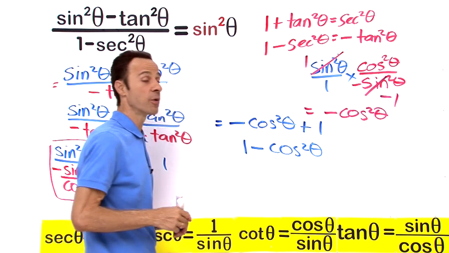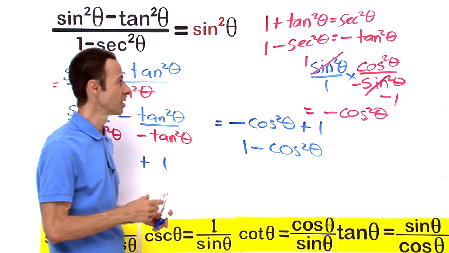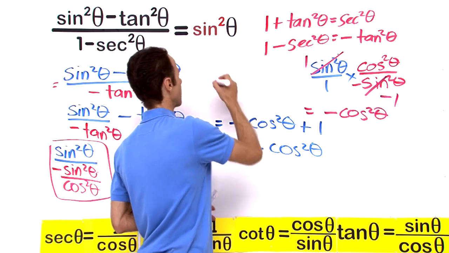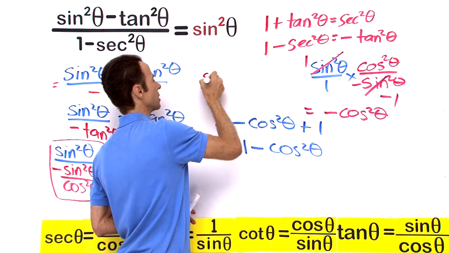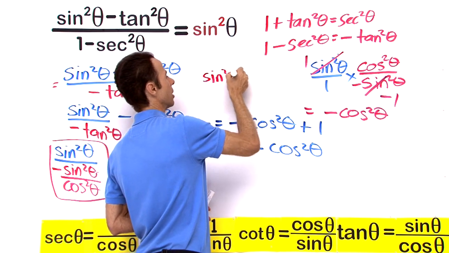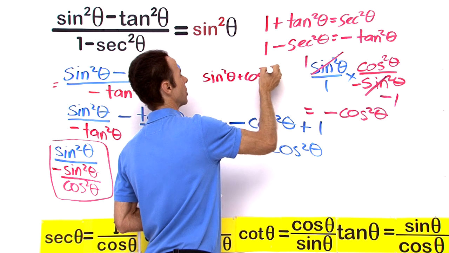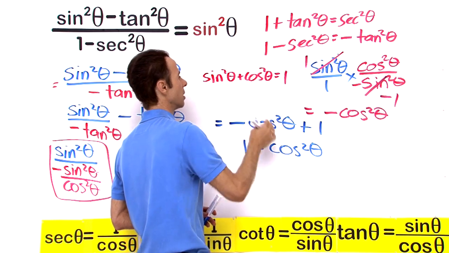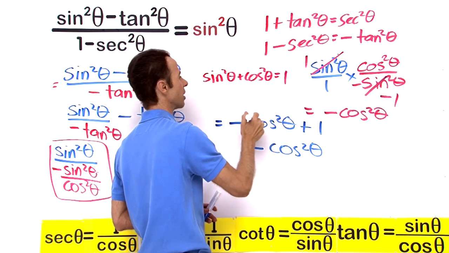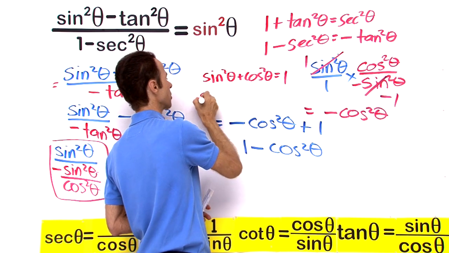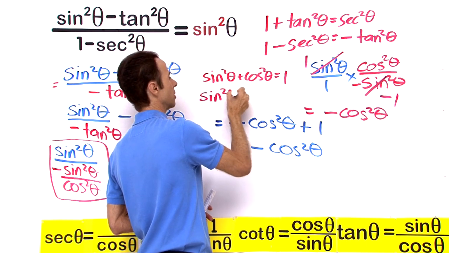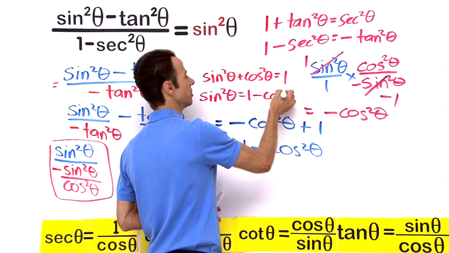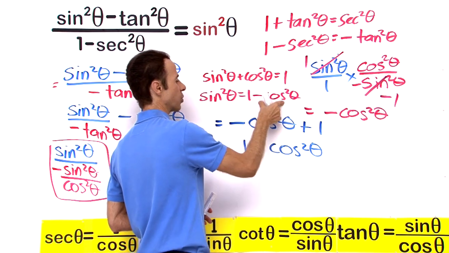Now we know from Pythagorean identities what that is, because we know that sine squared theta plus cosine squared theta equals 1. Therefore, take the cosine to that side. So that means we have sine squared theta equals 1 minus cosine squared theta. So that's what this is.